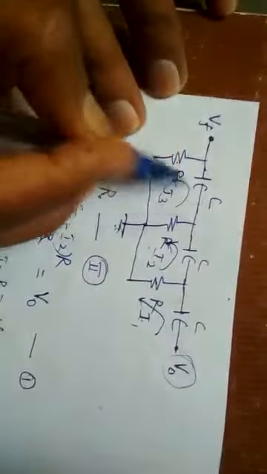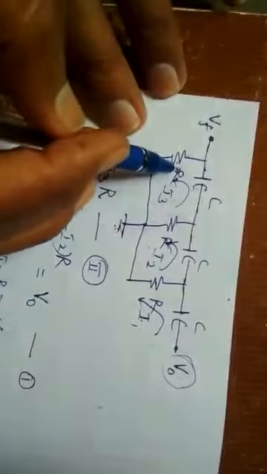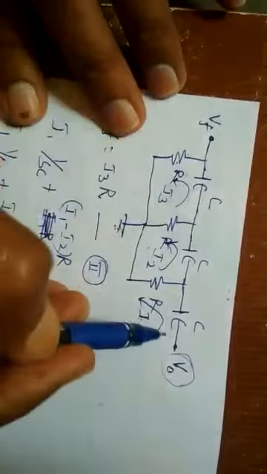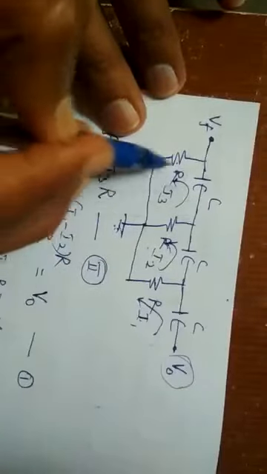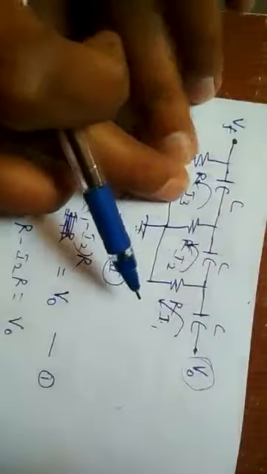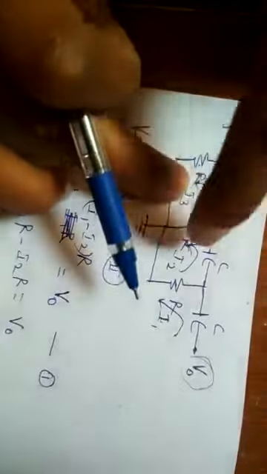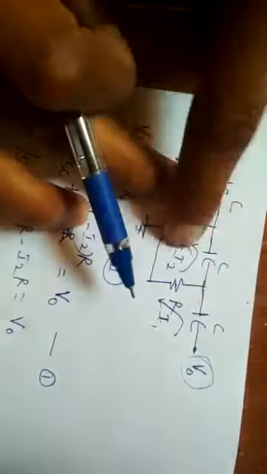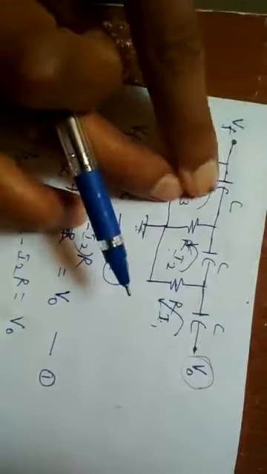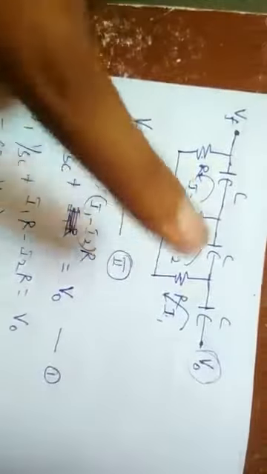Similarly, consider the third loop, RC. Here from left to right it is first, and from the input to output it is the third loop, and the loop current is I3. This I3 flowing through the C and shared by these two resistors. So I3 into 1 by SC, I3 minus I2 into R, and plus I3R plus R alone.